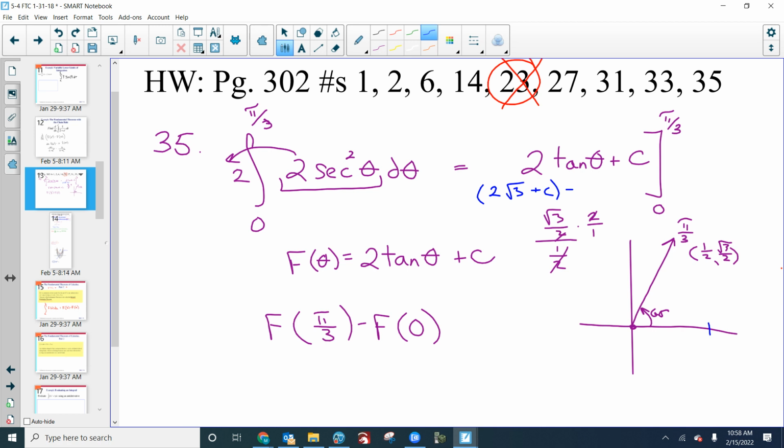Okay, well, over here at 0 radians, my point is (1, 0). What's the tangent of 0? 0. What's my answer? 2 radical 3.